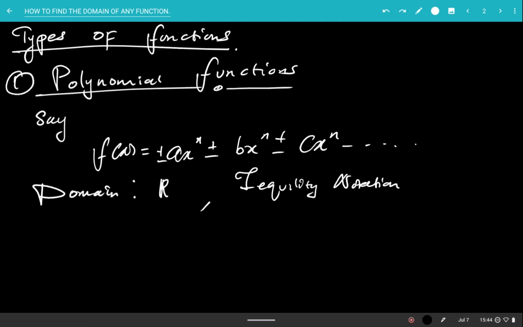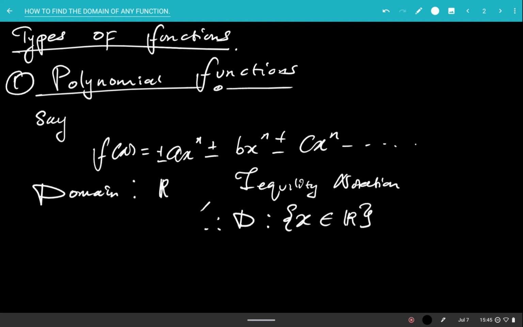So, using the inequality notation, I will say that my domain, therefore, will be, I open braces, a condition where x should be a member of all real numbers. So this is an inequality notation.